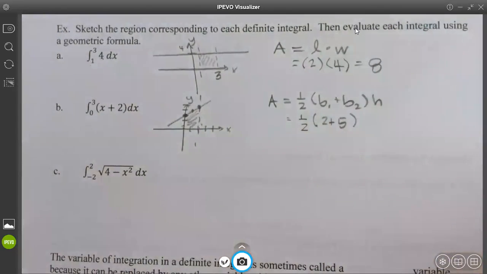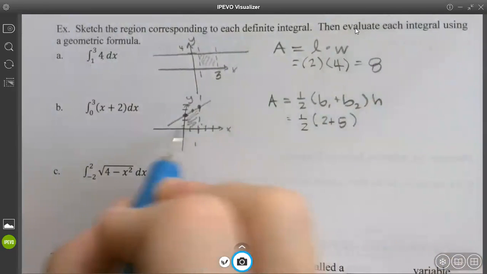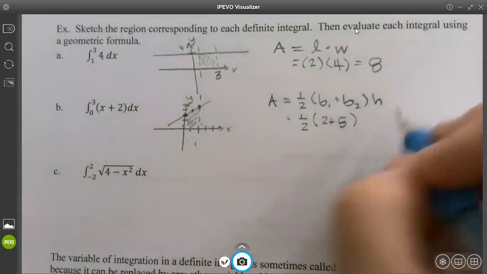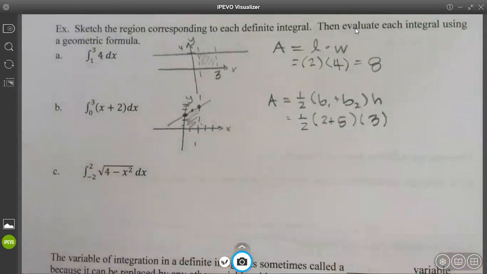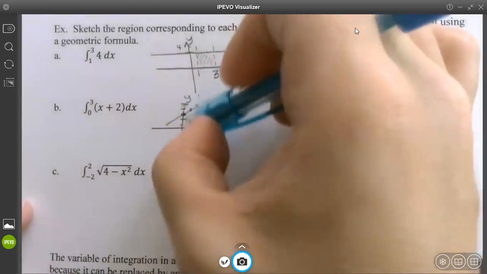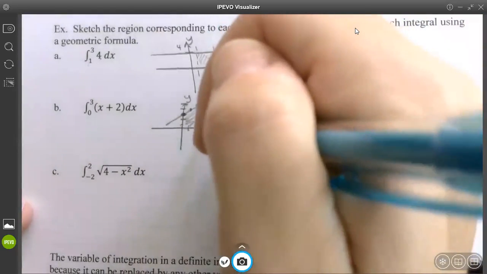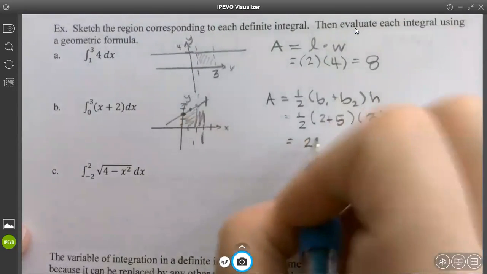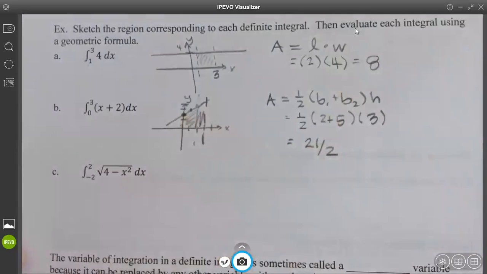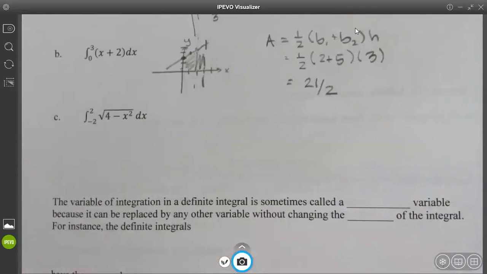And then what's our height? So basically the width would be what? From 0 to 3. I think I did to 2, sorry. I meant to do to 3. Put that in your calculator and you're going to get 21/2. If you give me the decimal, that's fine as well. All right, think about this one.